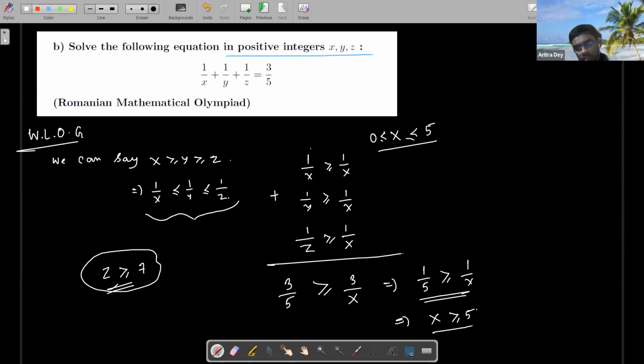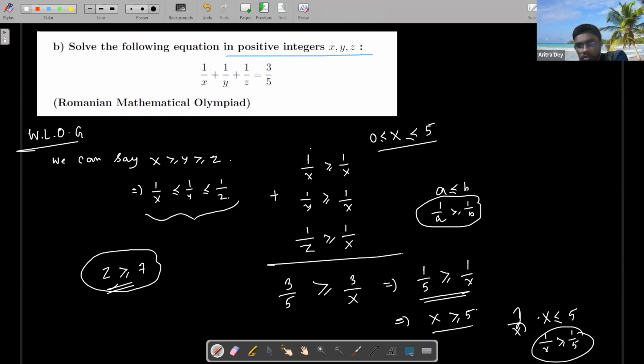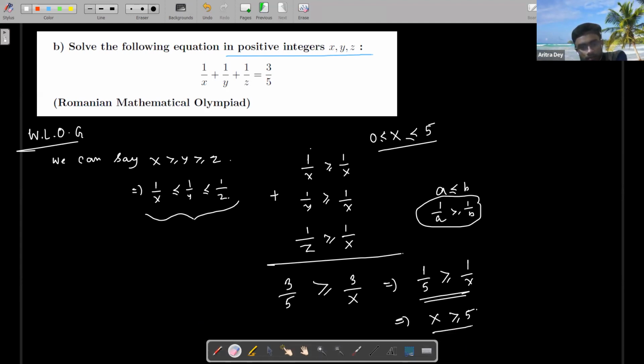We know that if a is lesser than b, then 1 by a is greater than 1 by b. So if x is lesser than 5, then 1 by x will be greater than 1 by 5. So how is it possible? That's what I'm saying, sorry, this will be the correct one. Now it is not a good bound at all.